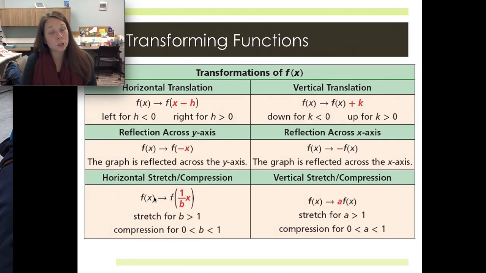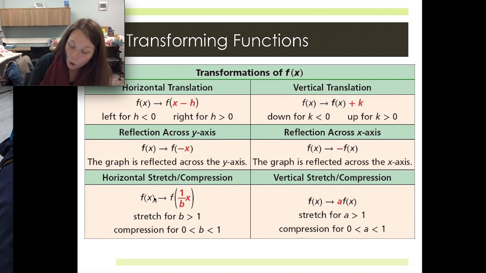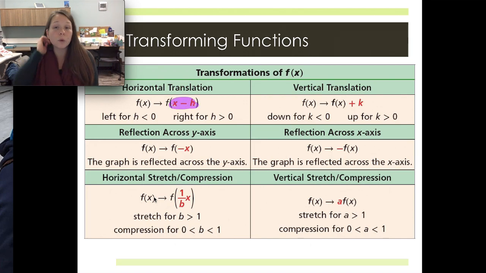Something that could be helpful to remind you how transformations affect our functions is this table here. A horizontal translation means you're replacing the x variable itself with whatever that transformation is. For vertical translations, moving it up or down, you won't see the x variable replaced. Instead, it would be added or subtracted on the end of the function.